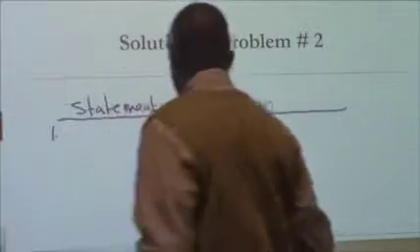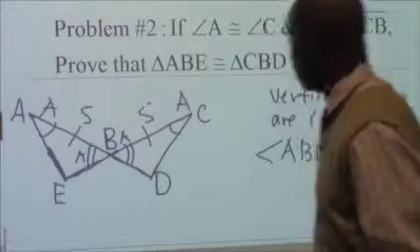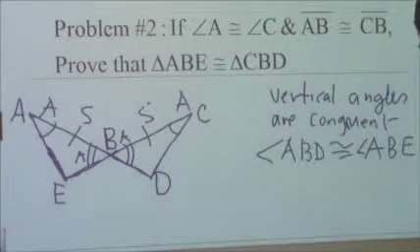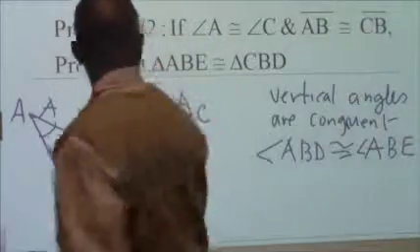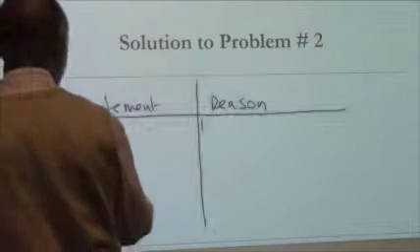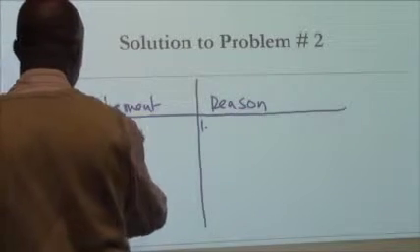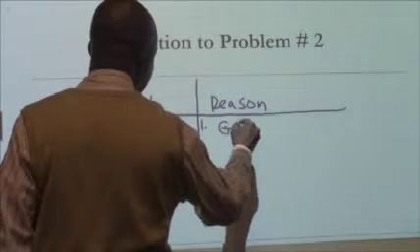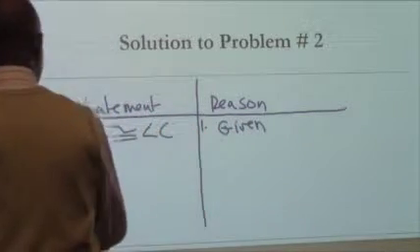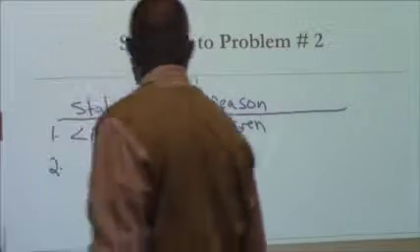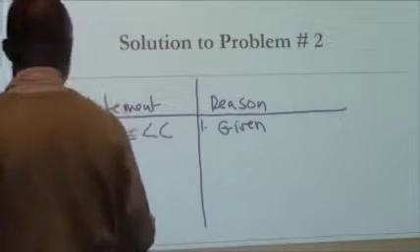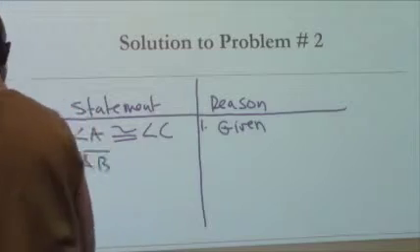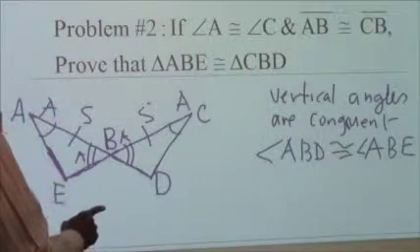So let's go back here and see what was given to us. We're told that angle A was congruent to angle C. Good, let's do that. Angle A is congruent to angle C. The reason is that it's given to us. Next, we're told also that AB was congruent to CB.